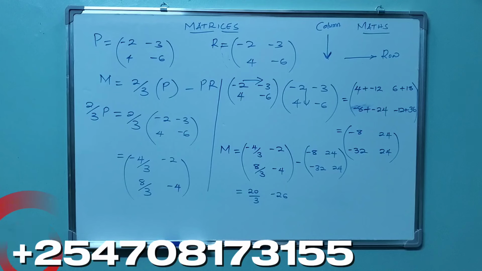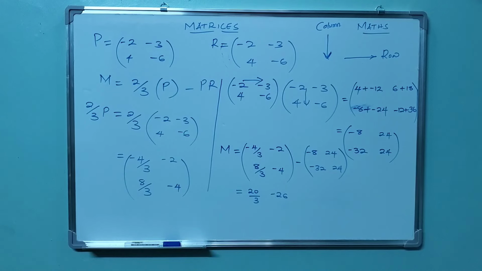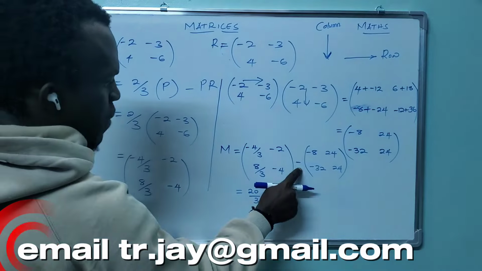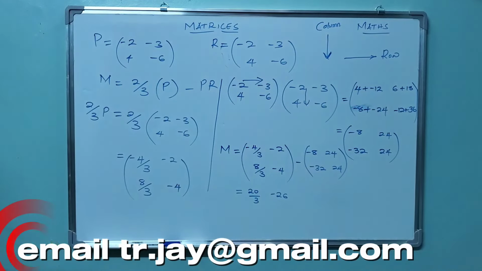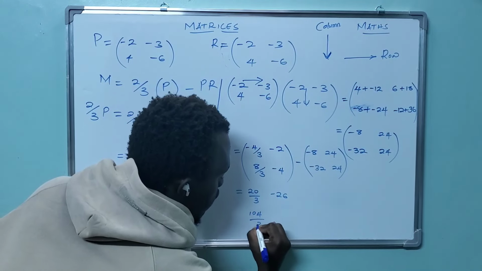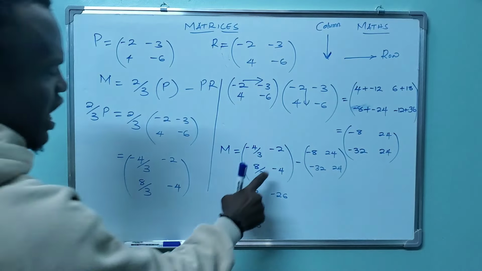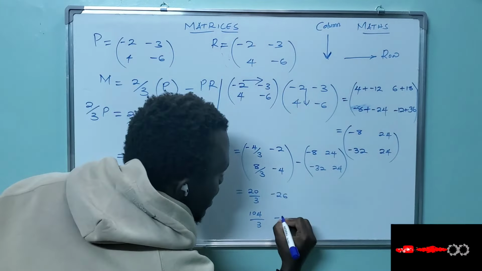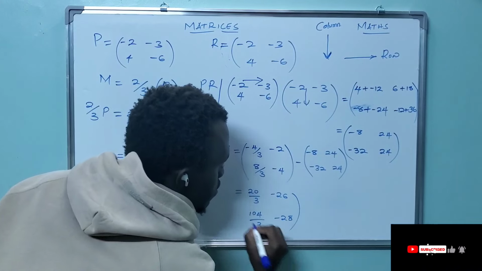That is 8 over 3 minus 32. Minus, that one is a plus. So minus 32, we are going to have 104 over 3. And then finally, negative 4, negative 24, we are going to have negative 28.